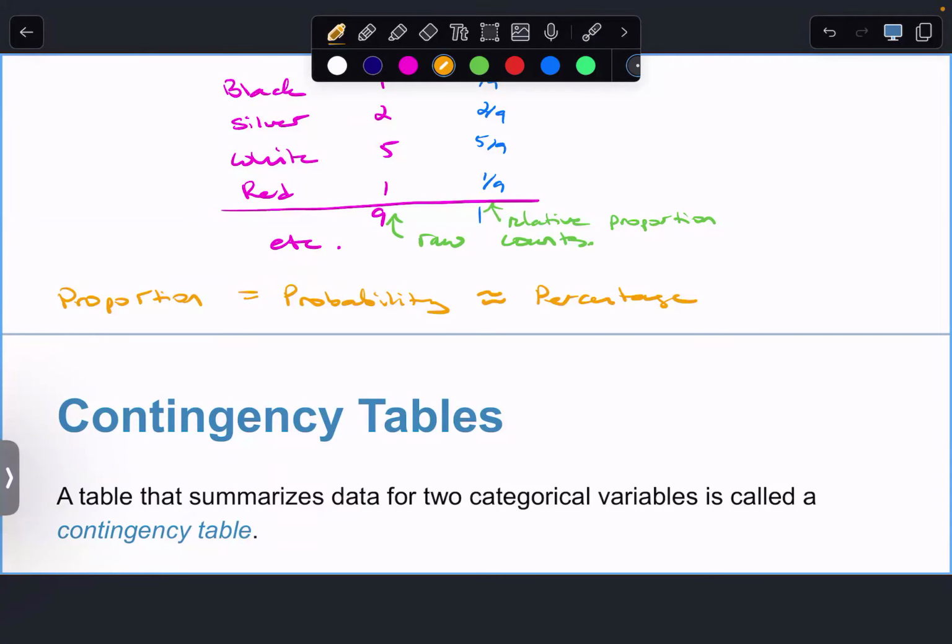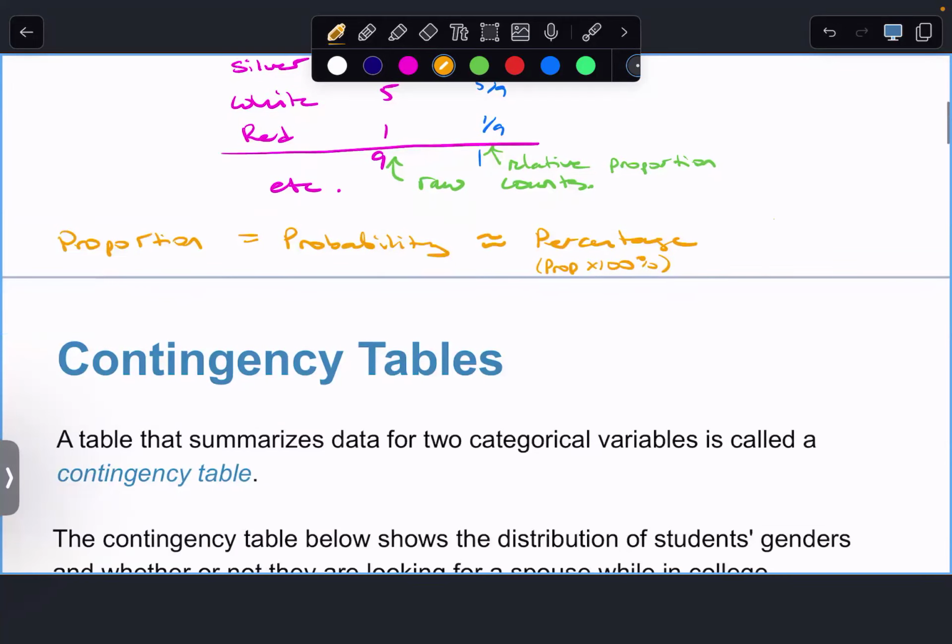A percentage is a proportion times 100%. So if the proportion is 0.3, your brain probably just automatically goes 30%, right? And so here, if we say the proportion is 0.3, then the probability is still 0.3.